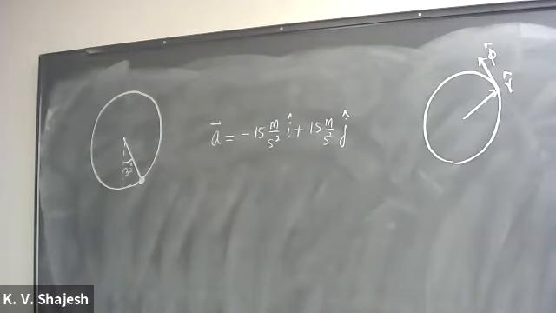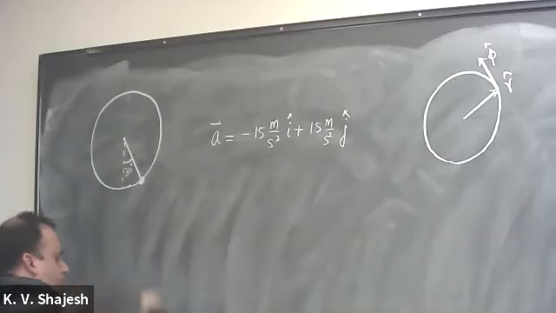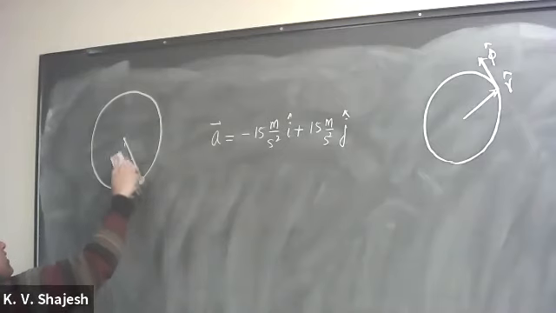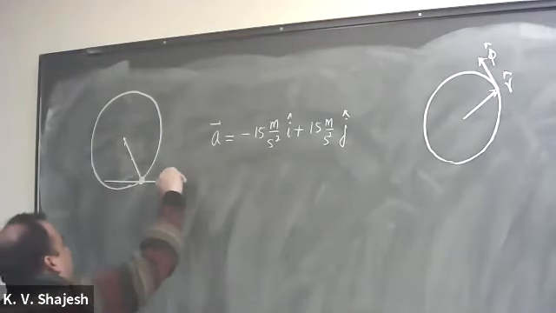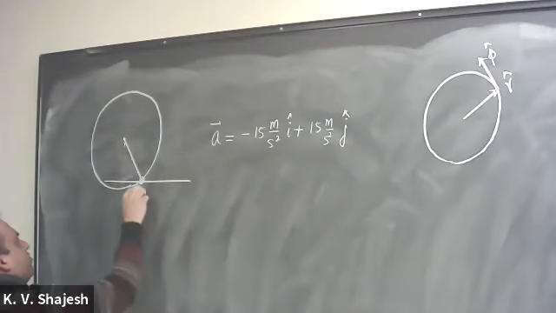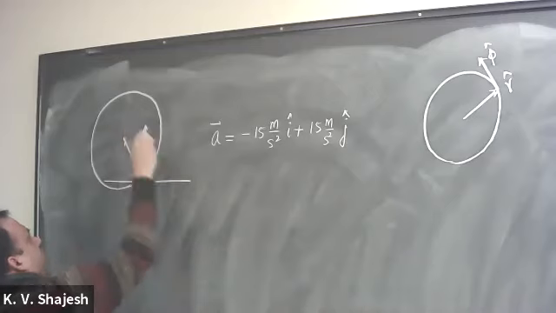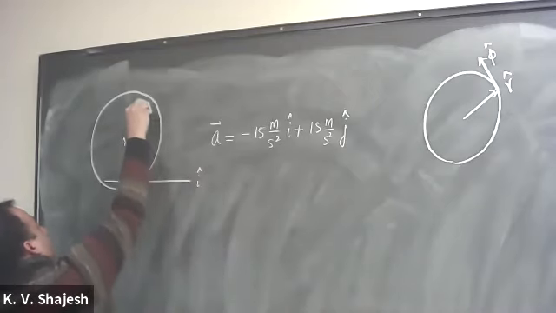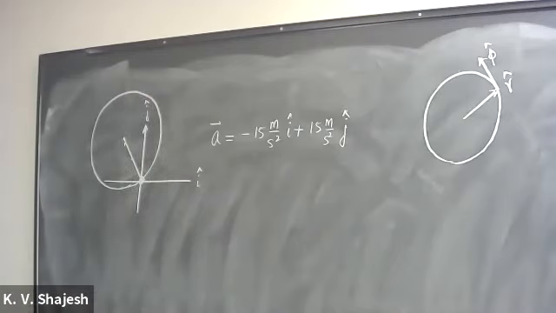So even though this is your position vector, something going in a circle, the acceleration is not a position, so it has different units. But what does that mean? Where does it sit? That's my reference line, let's say. That's your x and y axis, that's your i hat, and that's your j hat.